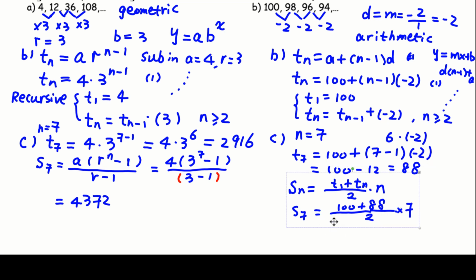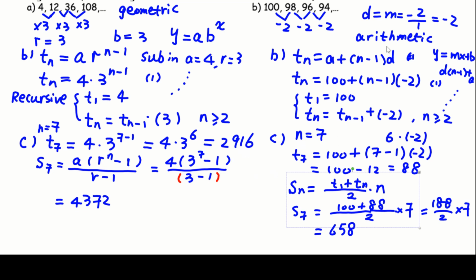We have 188 times 7, divided by 2, and the final answer is 658.